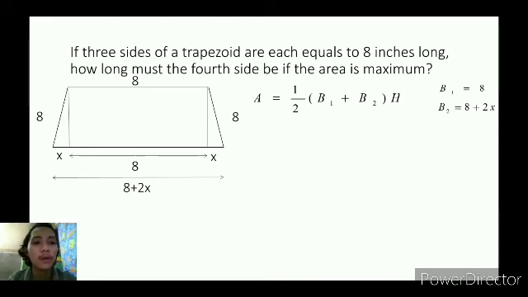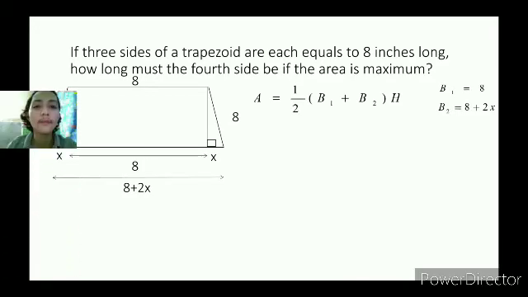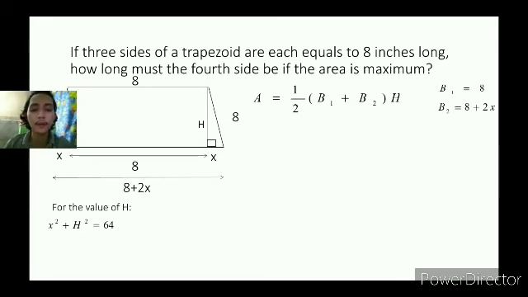For b sub 1, we got 8, and for b sub 2, we got 8 plus 2x. So for h, we're gonna solve for the value of h. We will use this right triangle on the side and use the Pythagorean theorem to find the value of h. So we got x squared plus h squared equals 8 squared, which is 64. H will now be equal to square root of 64 minus x squared.